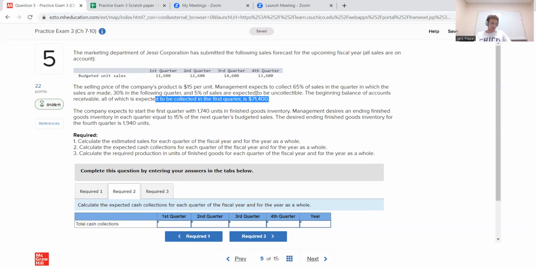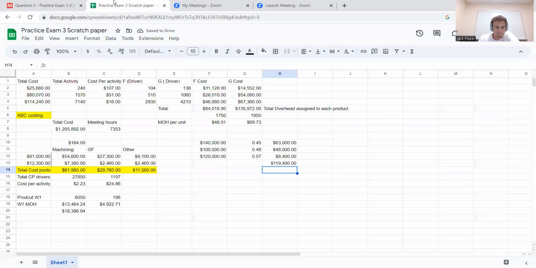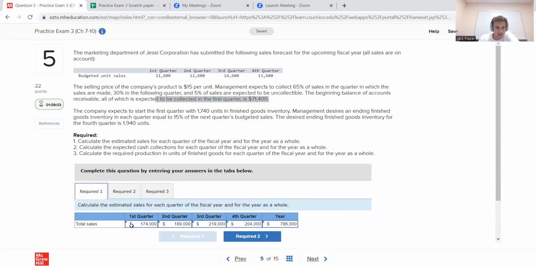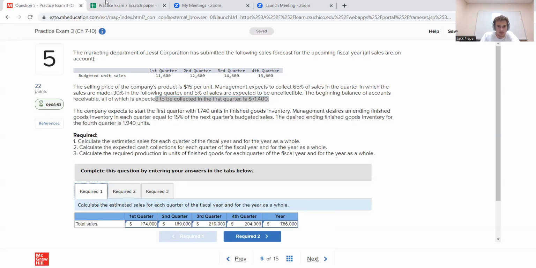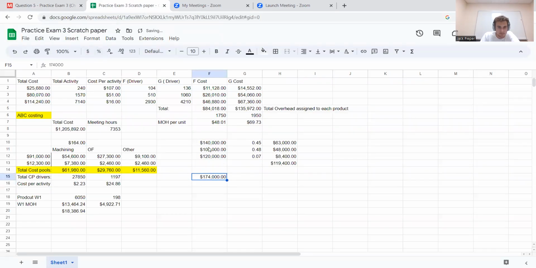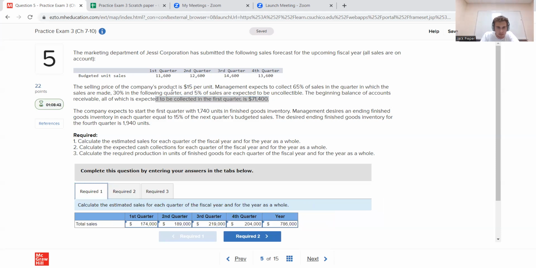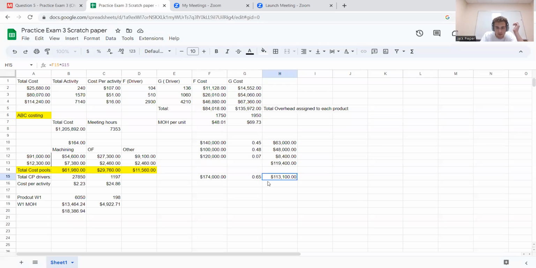So we'll take the total sales here, 174,000, in dollars, times 65% for the quarter of the sale, and multiply them. Then we'll also add in the 71,400, because that's the other amount from accounts receivable.